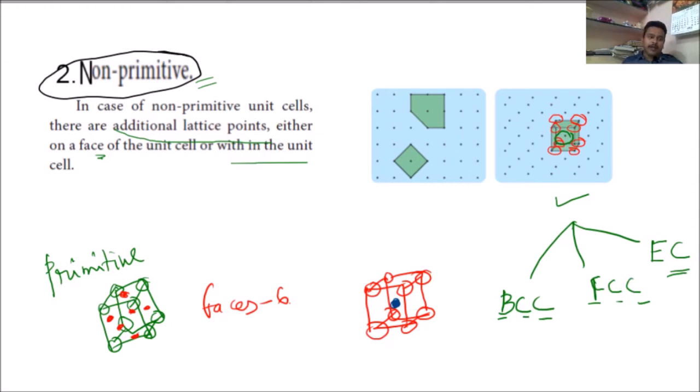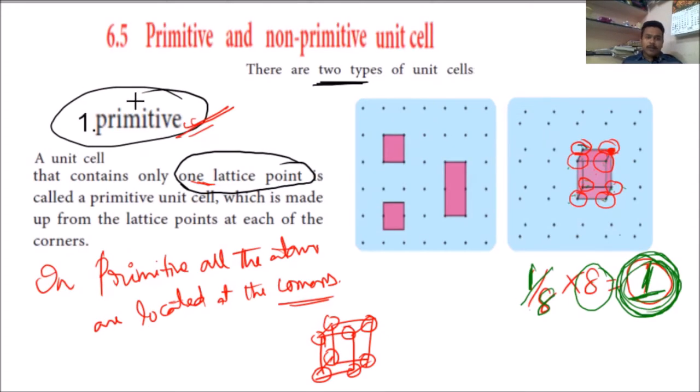But in primitive, only one thing you are going to study. This primitive we can also call the simple cubic unit cell. Simple cubic comes under primitive. If only all the corners are occupied, it is simple cubic, otherwise primitive. Otherwise the effective number of lattice points must be 1. That time you can say this is a primitive.